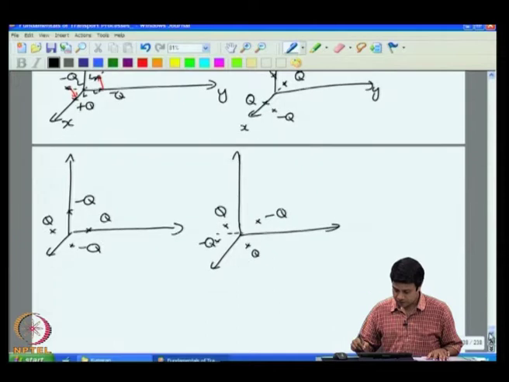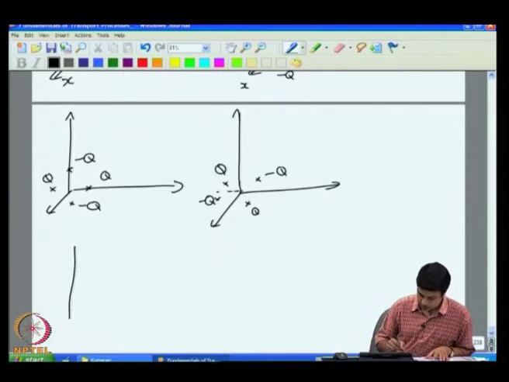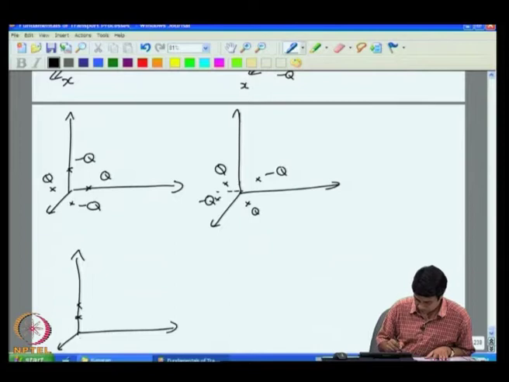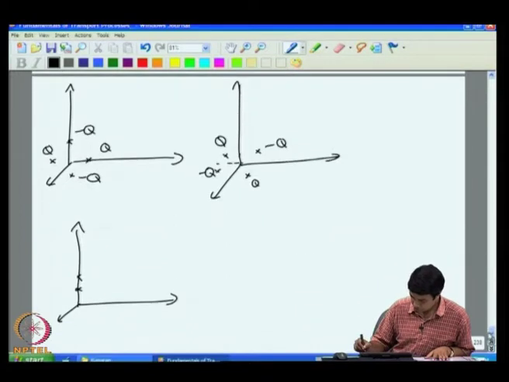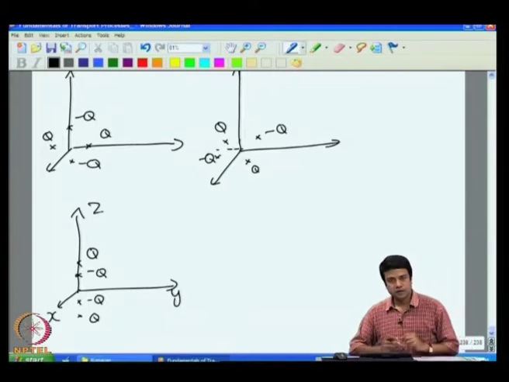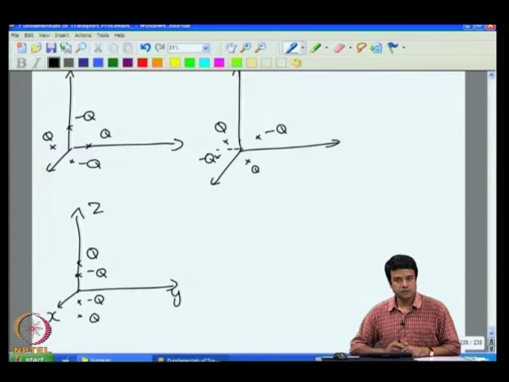And the final one has sources and sinks arranged exclusively along the z axis. So, these are the spherical harmonic solutions for n is equal to 2 and m going from -2, -1, 0, +1 and +2.